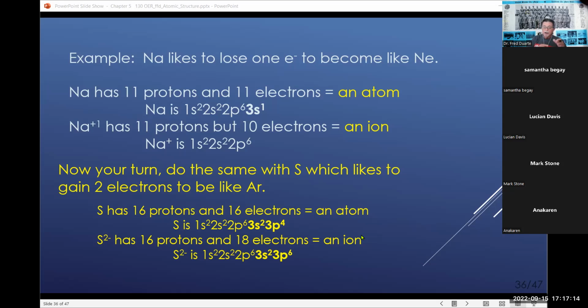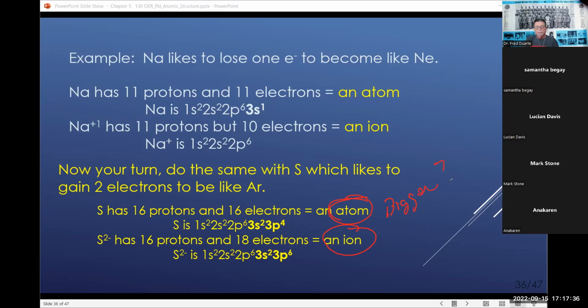Now, earlier I asked you, sodium atom versus the sodium ion, which one's bigger? Can you make a similar prediction with respect to the atom versus the ion?